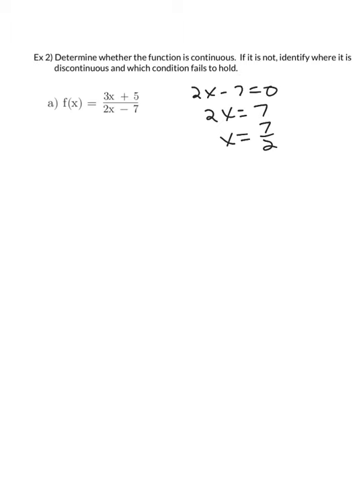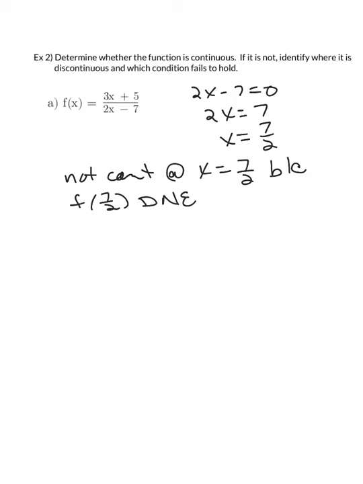When x equals 7/2, the denominator is 0, which means the function does not exist. So this is not continuous at x equals 7/2 because f of 7/2 does not exist.